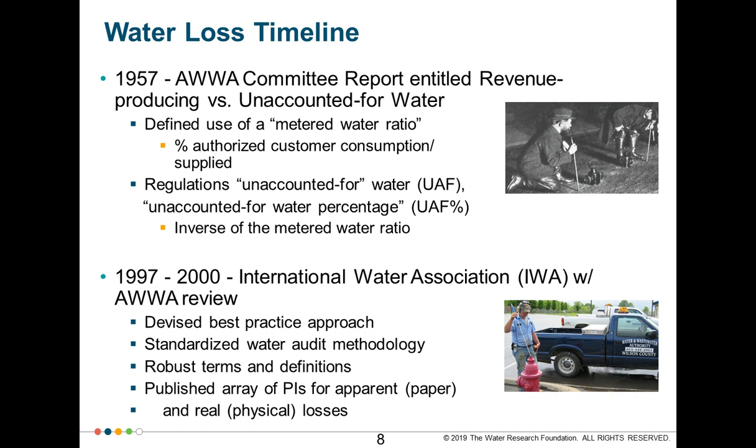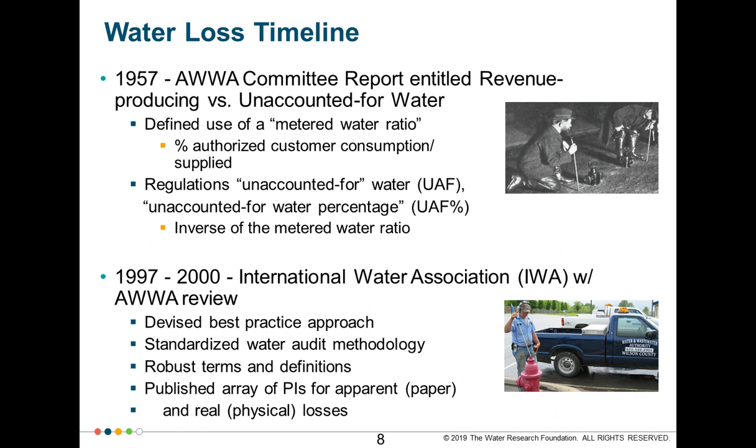The regulators took this and flipped it around and used the inverse of the metered water ratio and used the term unaccounted for water, basically trying to look at the inefficient operations within our utility. Nothing really happened in reference to the water auditing methodology for about 40 years.